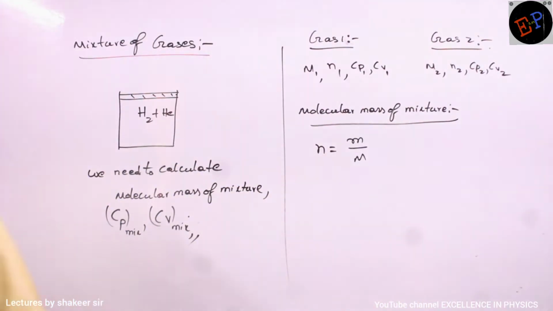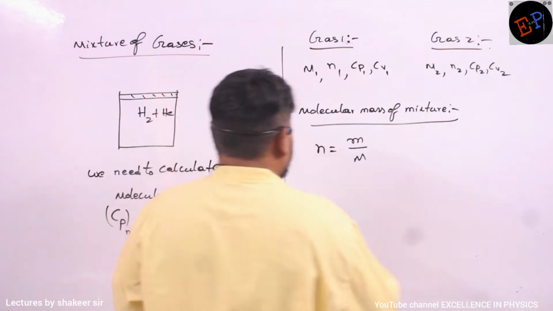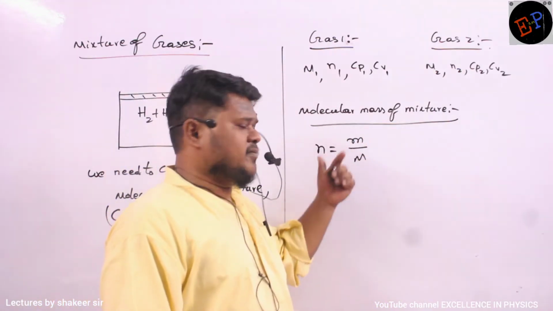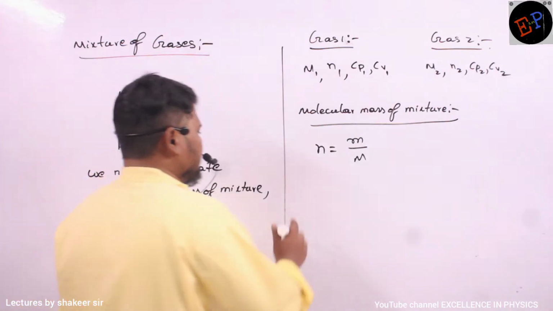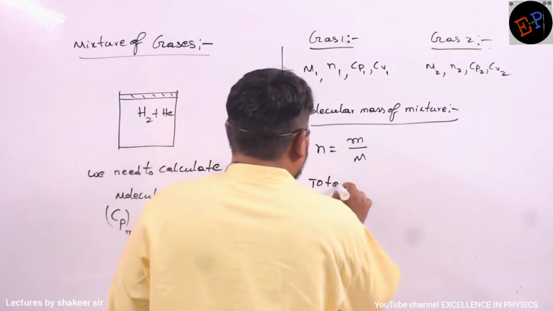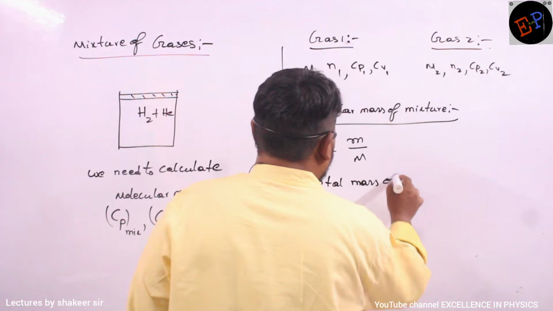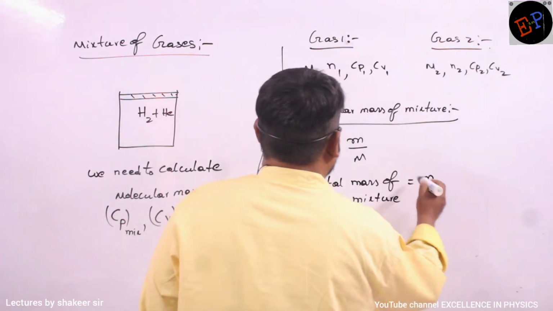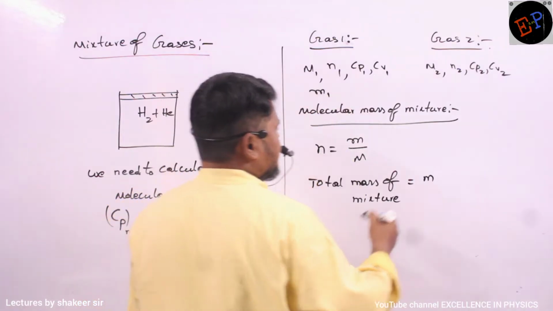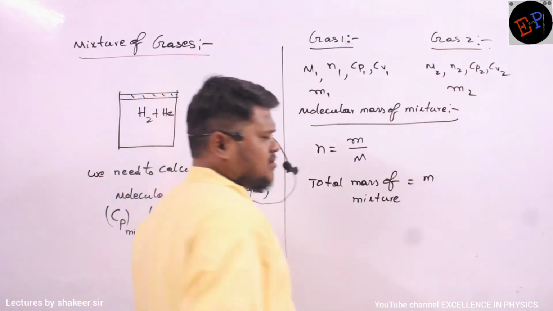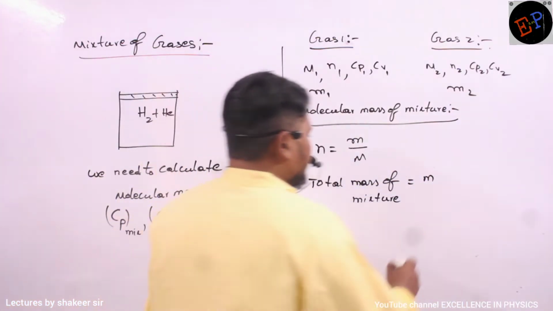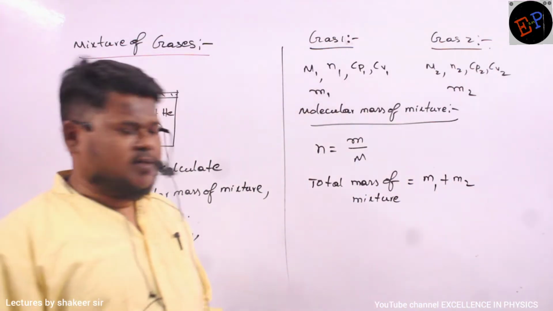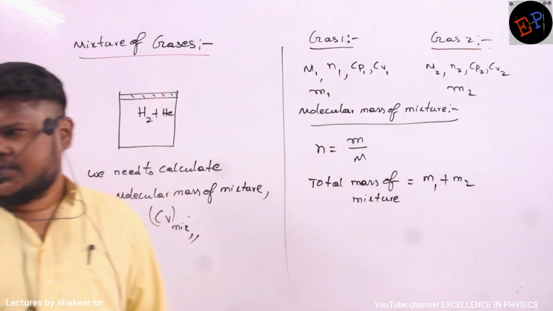So n is equal to total mass divided by molecular mass. Therefore, the total mass of the mixture is equal to the mass of the first gas, m1, plus the mass of the second gas, m2. So I can write total mass of the mixture is m1 plus m2.